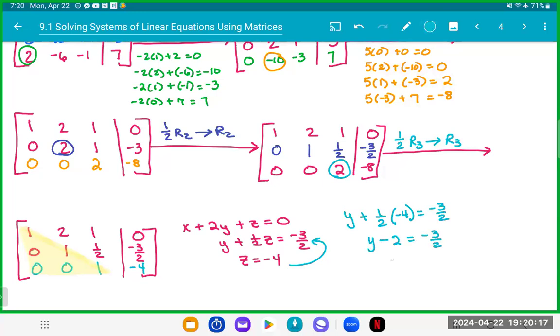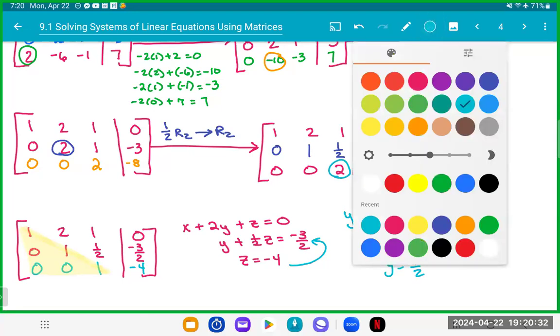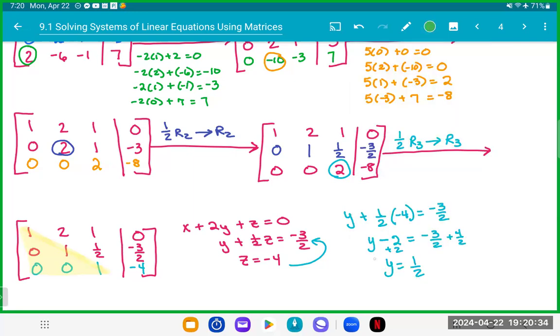If I add 2 to both sides, that would be the same as adding 4/2 over here. So that would give me y is equal to 1/2. Okay. I can plug that and z up into this equation like we did last class period, right?